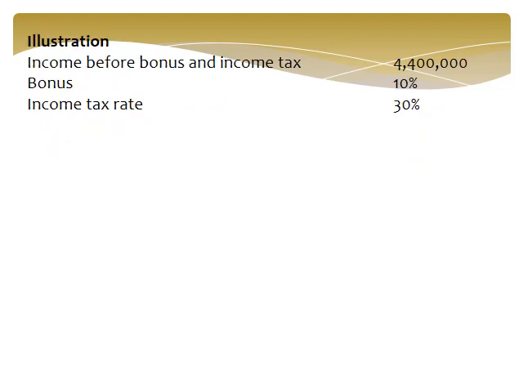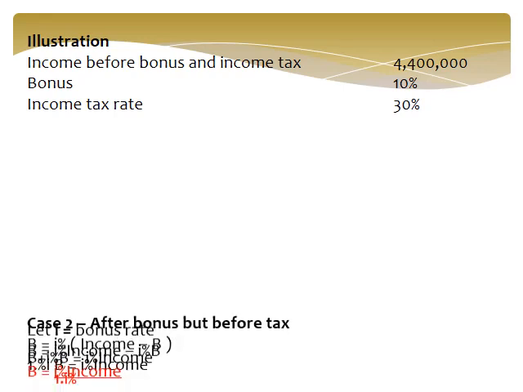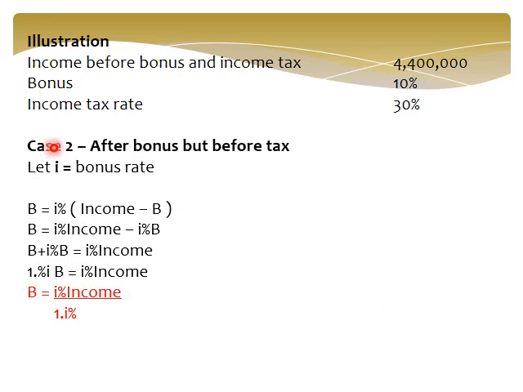For our illustration, case number 2, we have a bonus based on a certain percentage, 10%, of income after bonus but before tax. Here we will use algebra. Let I be the bonus rate.